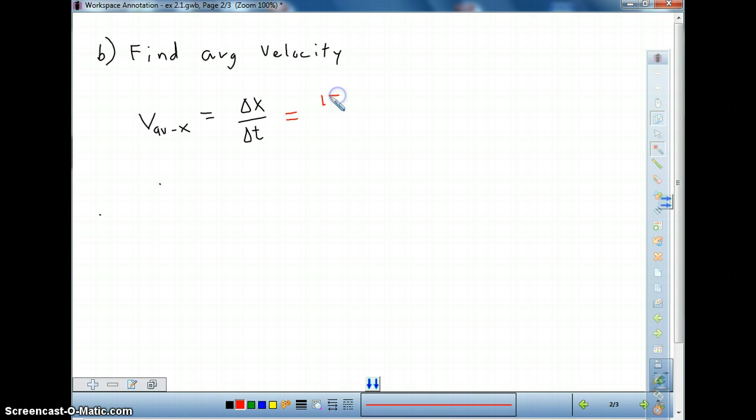So we got 15 meters divided by the time interval we found that displacement with a moment ago, which would be 2.0 seconds minus 1.0 seconds. And 15 divided by 1 gives us an average velocity of 15 meters per second.